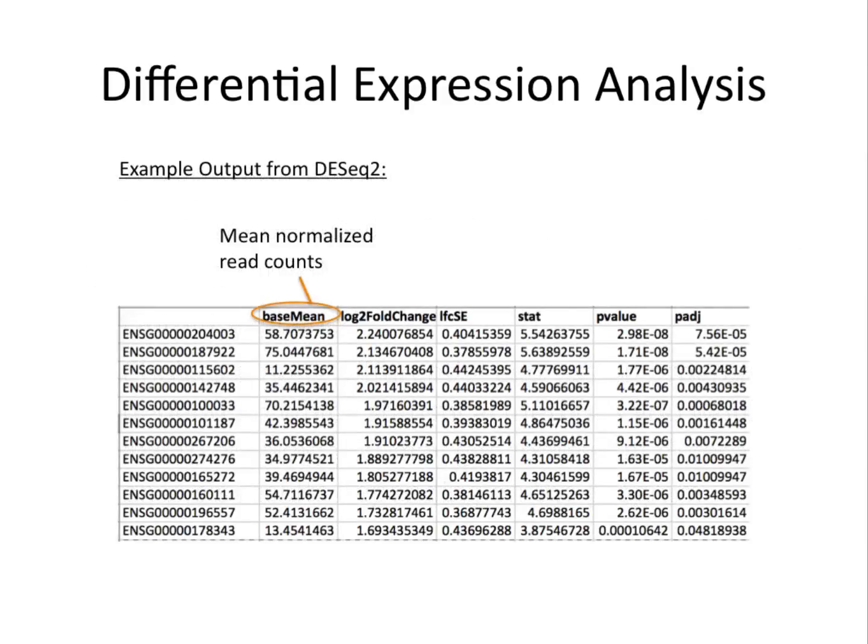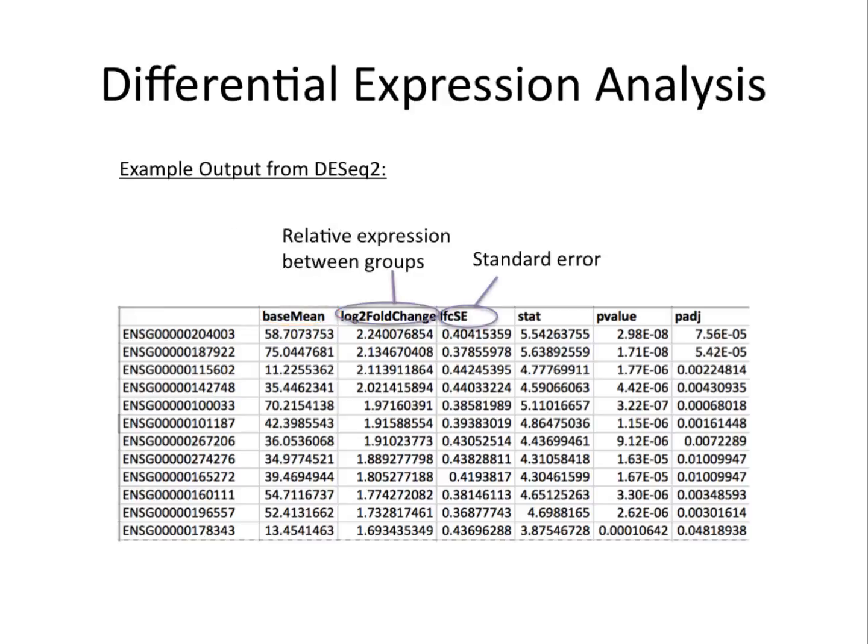Here's an example output from DESeq2. The base mean is the mean of normalized read counts for an annotated transcript. That transcript has a fold change in expression between experimental groups. And here the fold change is expressed on the log2 scale and is called the log2 fold change. lfcSE stands for log fold change standard error.